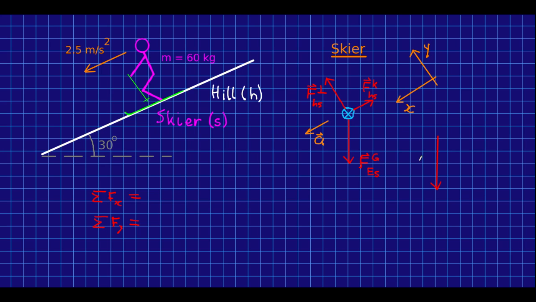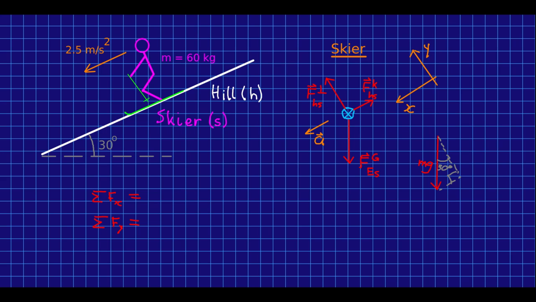I know its magnitude is mg. And then I'm going to have components that point this way, perpendicular to the hill, and this way, parallel to the hill. There's the right angle, right? Remember, the vector you're splitting up into components is always the hypotenuse of the triangle you draw. The 30-degree angle is here. And so this is the x component here, and this is the y.